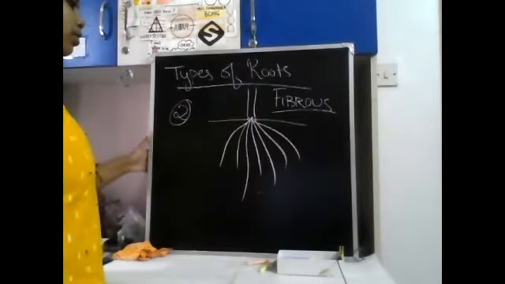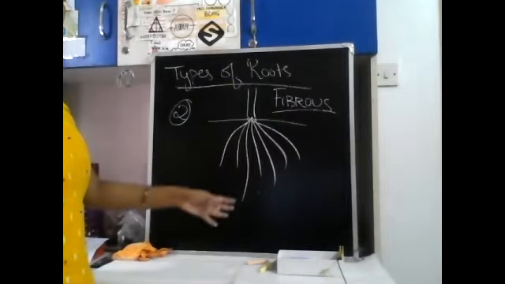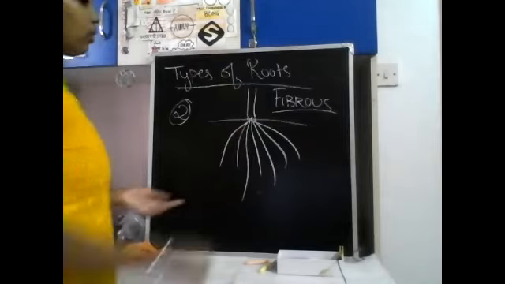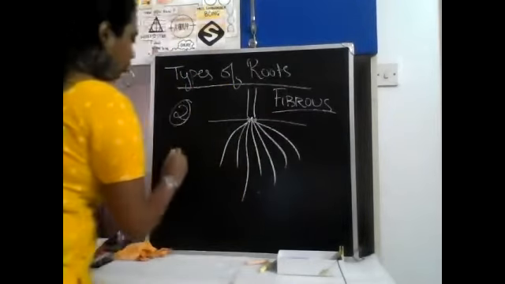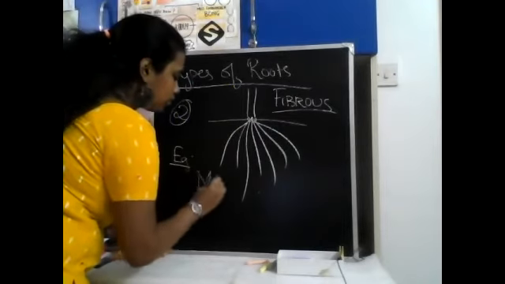In a fibrous root system, you don't have branching, you don't see any of that. You only see this kind of thread structures, which is fibrous. That is why it's called fibrous root system. Now, examples of fibrous root system are monocots.